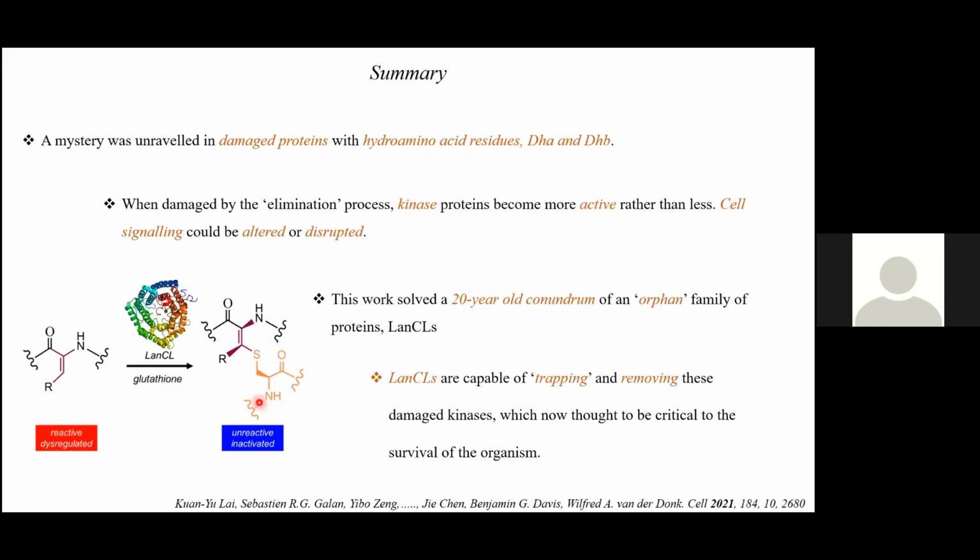They can trap and eliminate the damaged kinase through the addition of GUFA to fix the problem in our biological system. And also these enzymes are very important for the survival of our organisms. The above data was published 2 months ago.